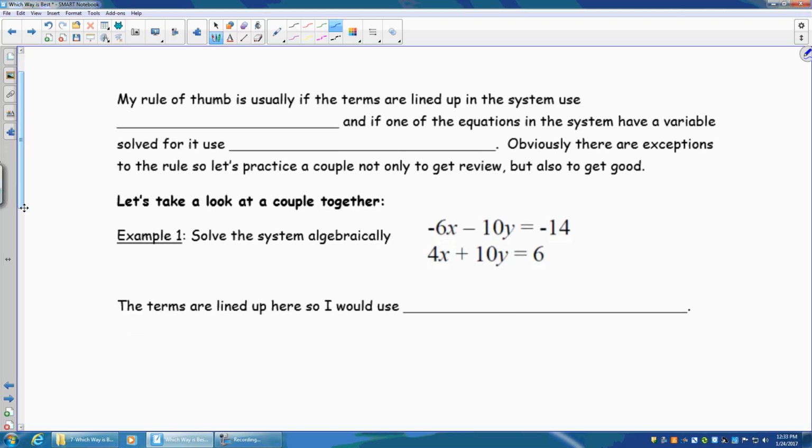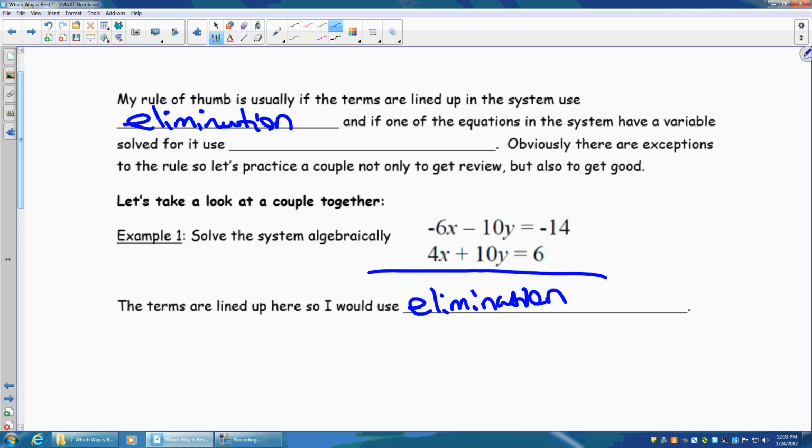So which one do you guys think you would use for example 1? And they're all lined up like that. Hopefully you're saying elimination. So when they're all lined up nicely, we're going to use elimination. So that being said, let's do that real quick here. And why could I draw that line across already?